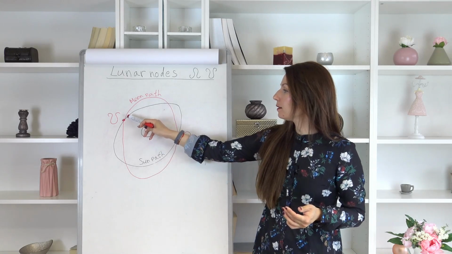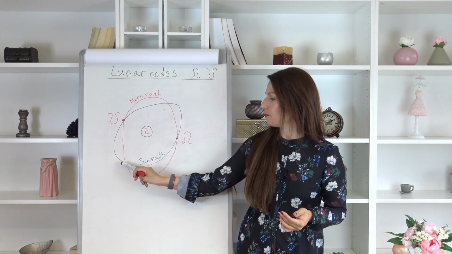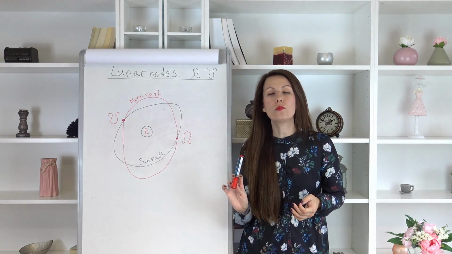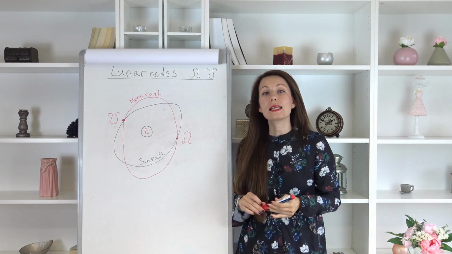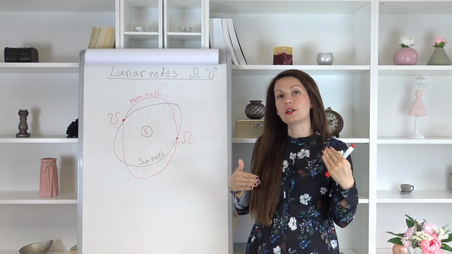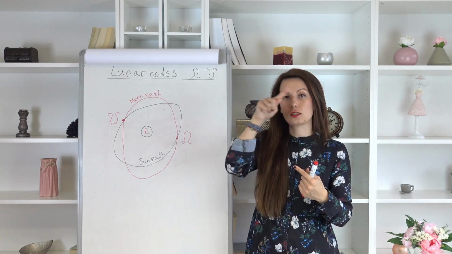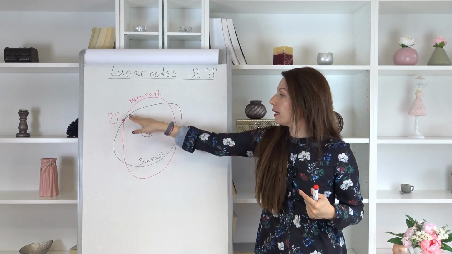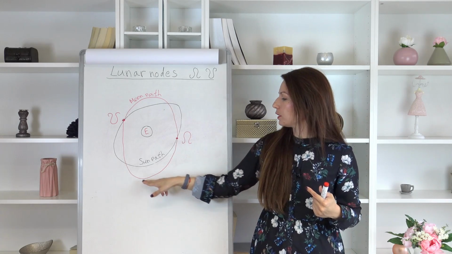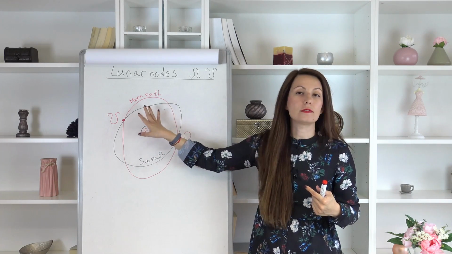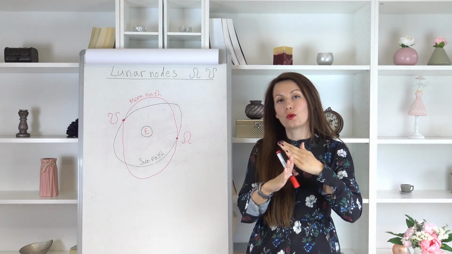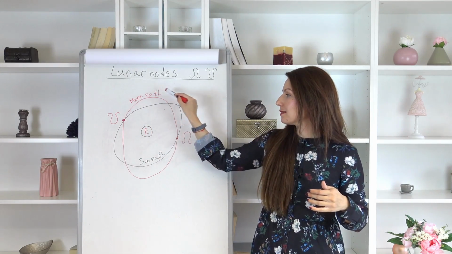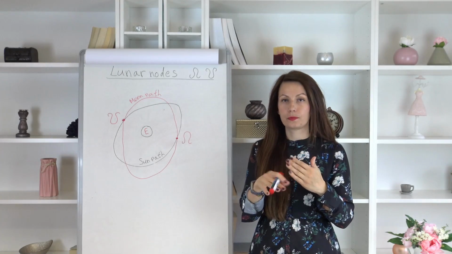So here in the black color is the sun's path. On the other hand, the moon, which is the other extremely important planet, is moving around the earth as well, and it has its own way. In the red color here you can see the path of the moon, and there are 2 points where those paths cross.